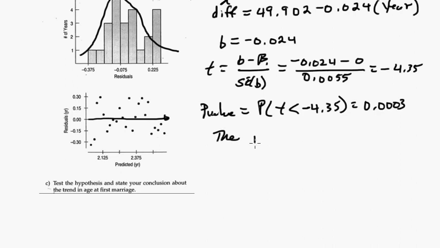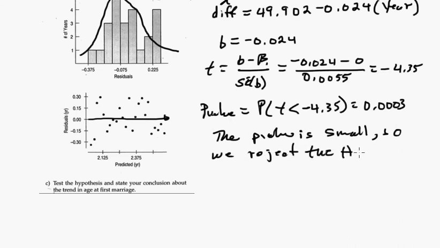So the p-value is small, so we reject the null hypotheses. There is sufficient evidence.